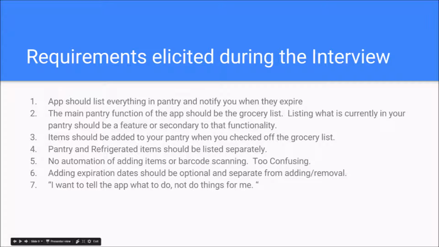When discussing automation of adding items on barcode scanning, they felt like that functionality was too confusing and weren't too wowed by that. Wanted that not to be a part of the app. They also felt like adding expiration dates should be optional and separate from the adding and removing of items. So in other words, you should be able to add expiration dates when you're at home.